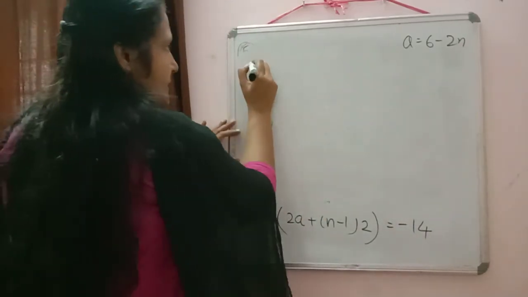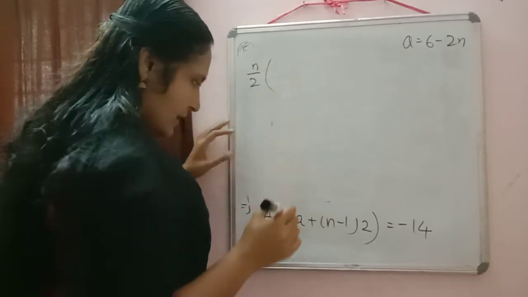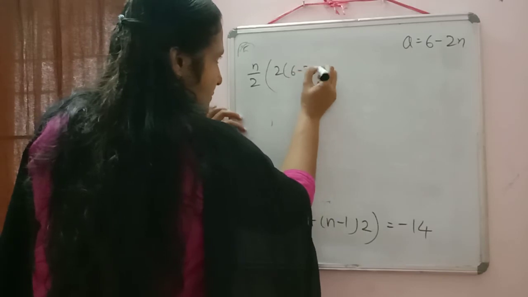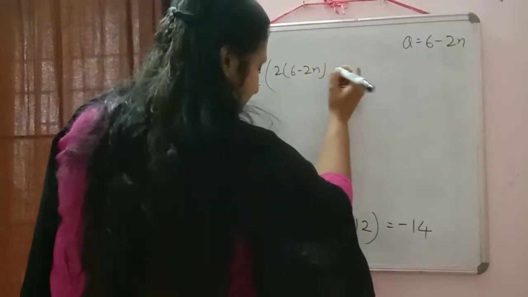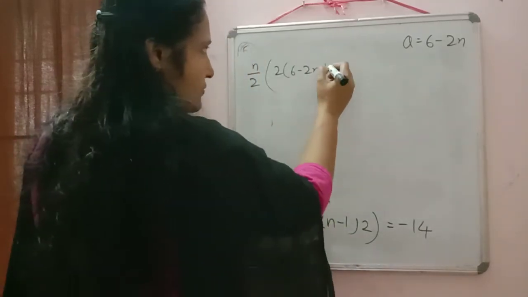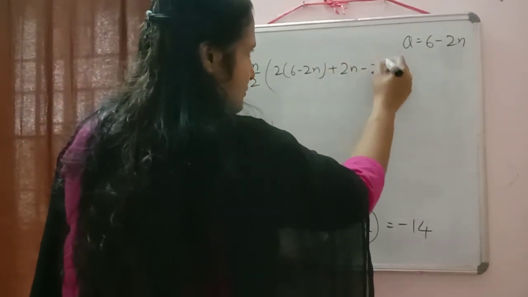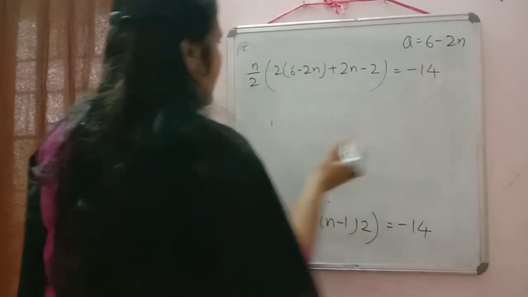n by 2 as it is, 2 into a. So 2 into (6 minus 2n) plus (n minus 1) into 2 we wrote there. So I am multiplying it by 2, so it will be 2n minus 2, is equal to minus 14.